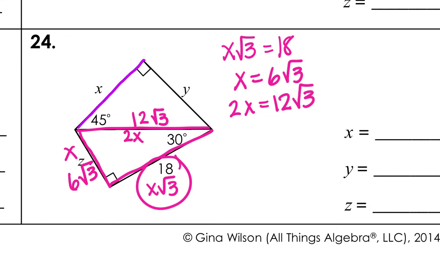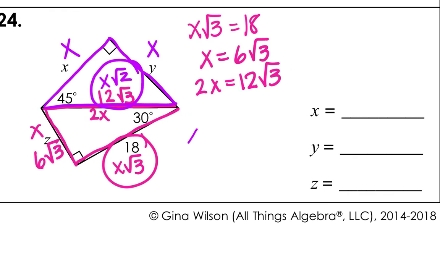Now this one gets a whole new label, x square root 2. So anytime you have a square root of 2 equal to a square root of 3, you're going to have to do the actual math involved. So x square root of 2 is equal to 12 square root of 3. So if I divide by the square root of 2, I have to rationalize.